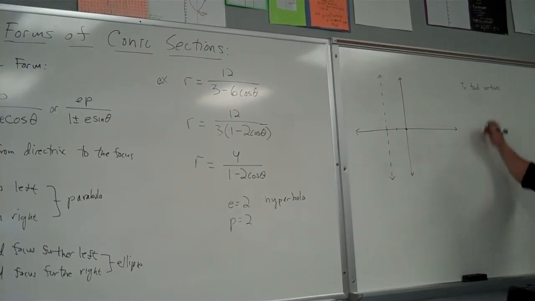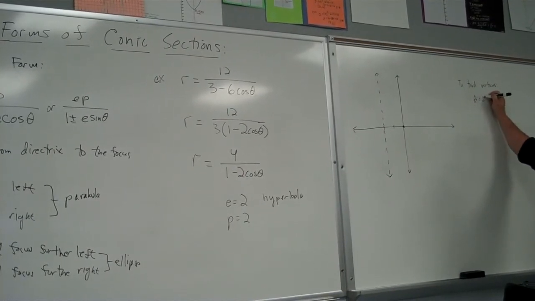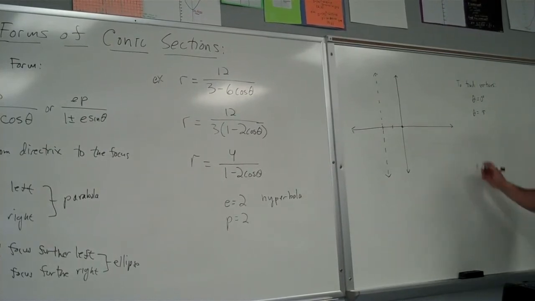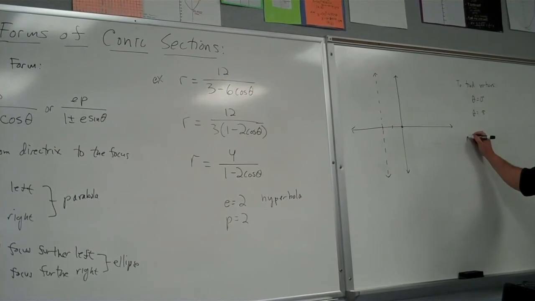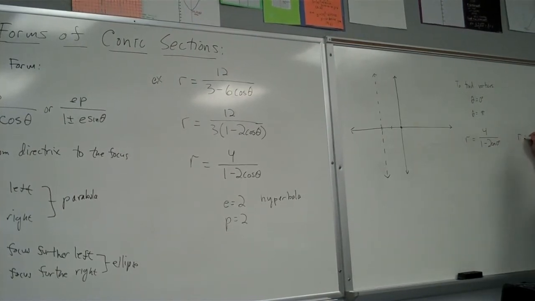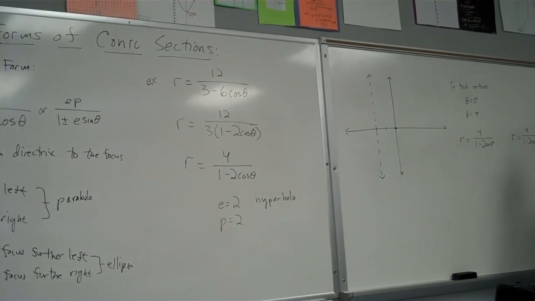The places it hits the x-axis are, in polar form, when theta equals 0 degrees and theta equals pi, 180 degrees. So we're going to plug those into our simplified one: r equals 4 over 1 minus 2 cosine 0, and r equals 4 over 1 minus 2 cosine pi.